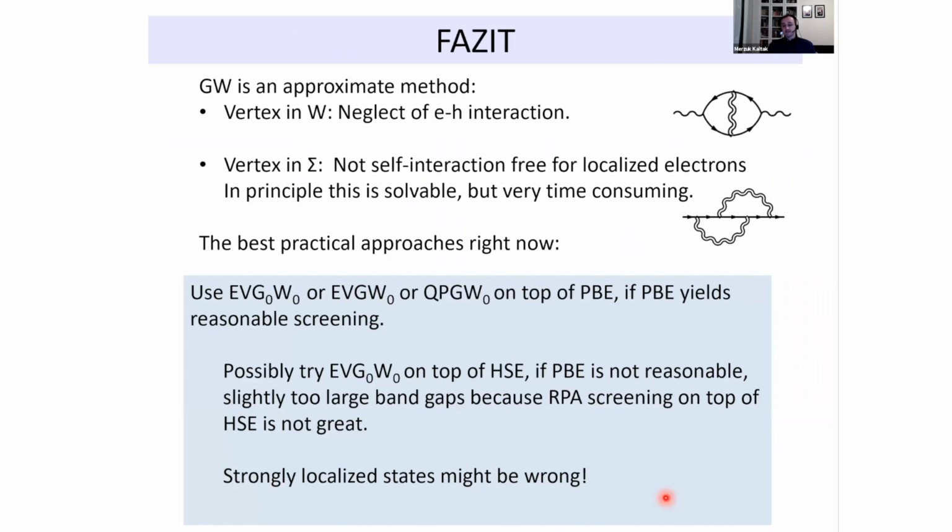And as a fact, GW is again an approximative method, so it's not the end of the story, because two main contributions are neglected.